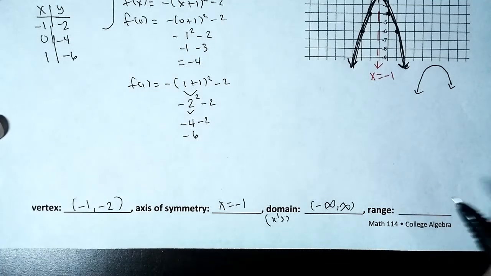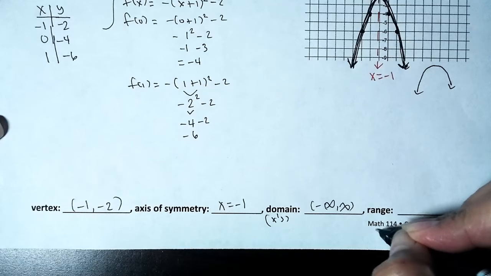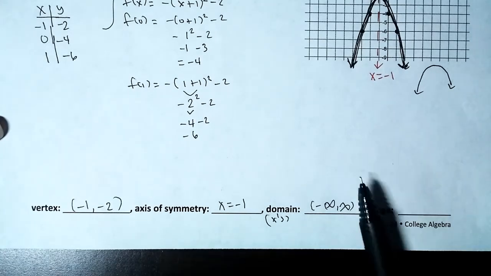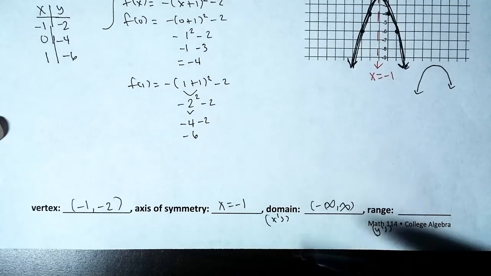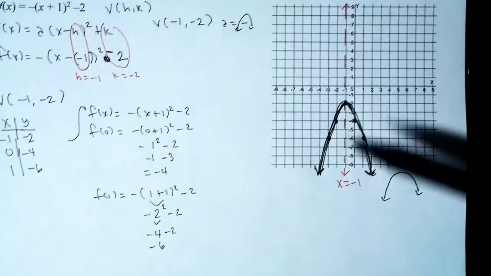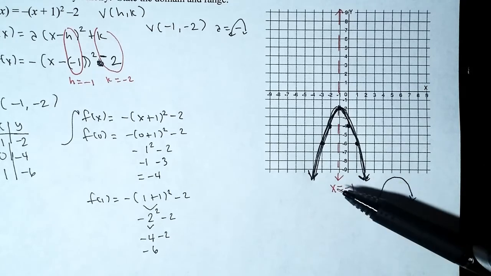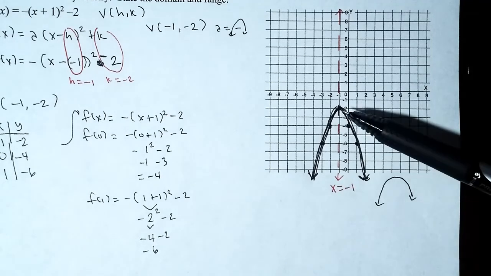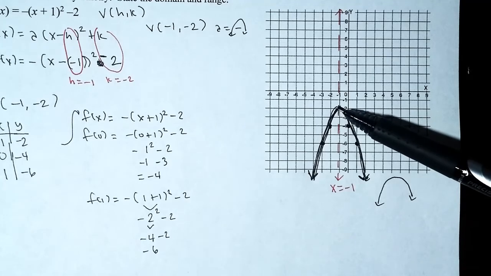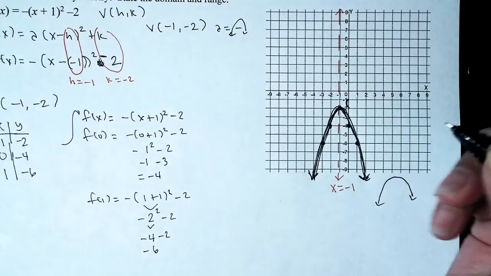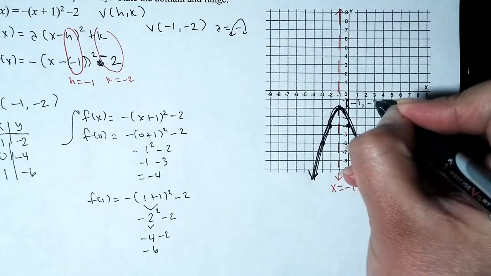Range is the set of all the output values, or the y's. For domain, we go from left to right. For range, we go bottom up. So this is the vertex, which is -1, -2.